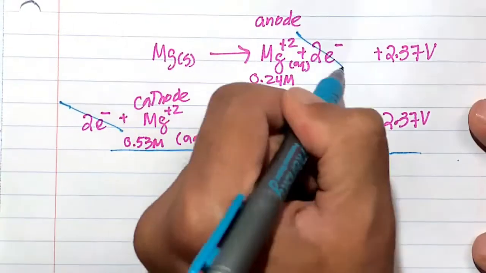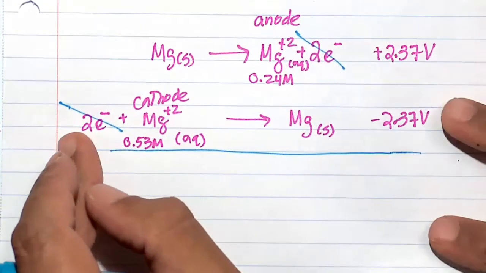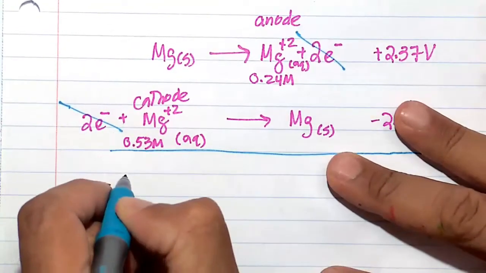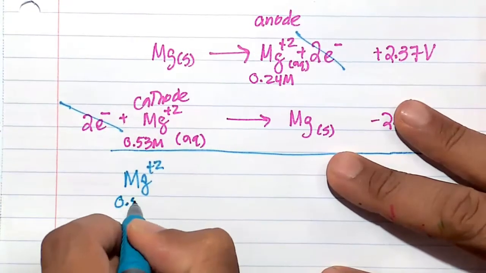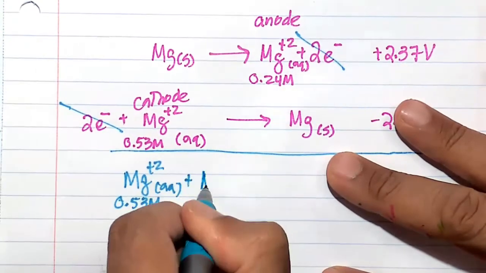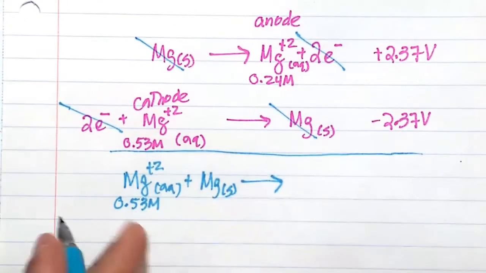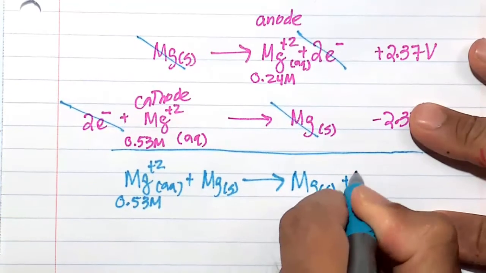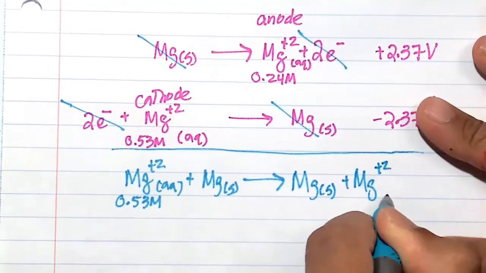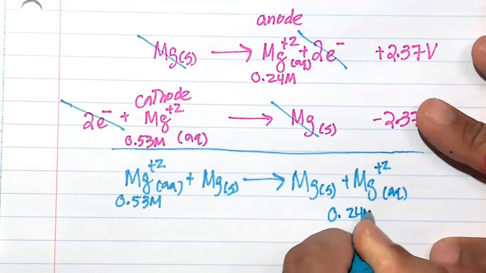So the 2 electrons cancel. This from the product side cancels with this from the reactant side. So you're left with Mg plus 2 from the cathode, which is 0.53 molar, plus Mg solid. By the way, the Mg solids cancel also, just so you know. Goes to Mg plus 2, from the anode, which is 0.24 molar.